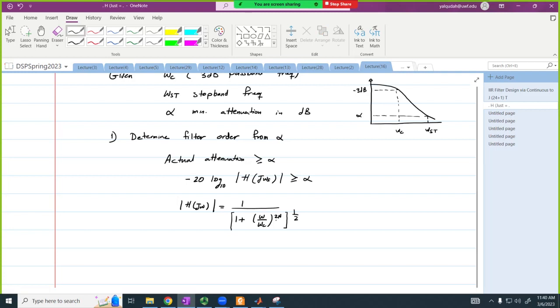If I take a log of 1 over a to the power of 1/2, this is going to equal negative 1/2 multiplied by the log of a.